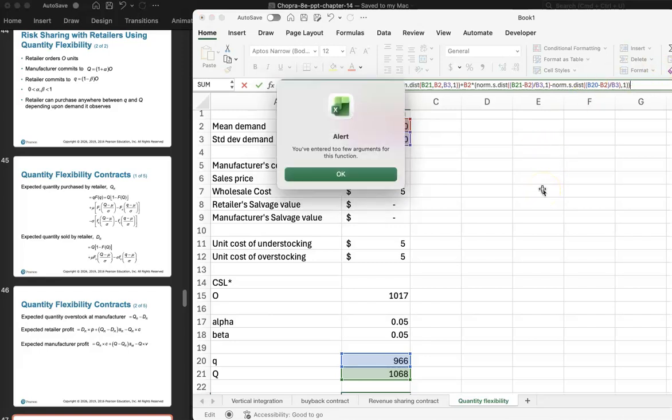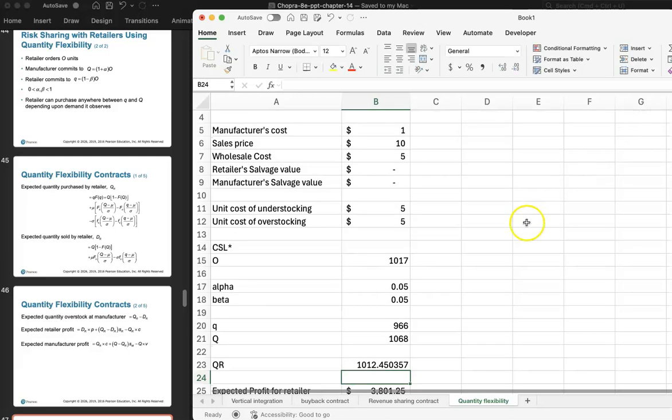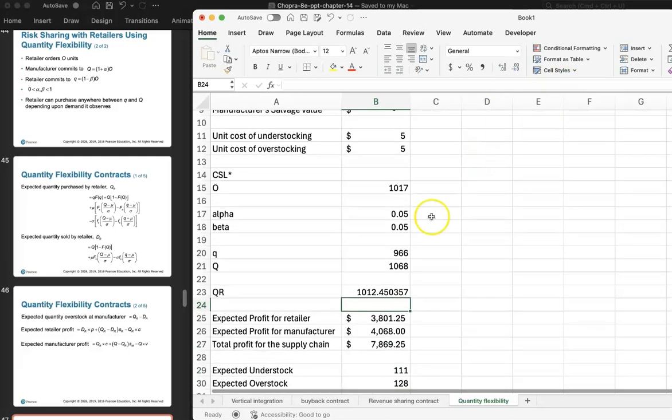Let's see if the formula is right so far. There you go. So far, so good.